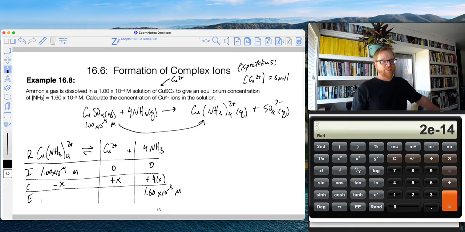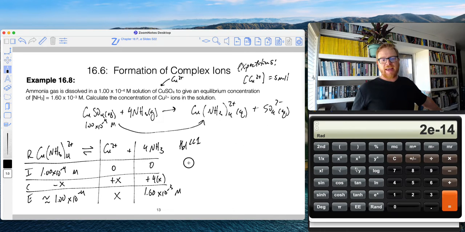So when I put this all together now, because I know here that my Kd is very, very small, we're going to be able to assume the value of x is also small, not only compared to the 1.6 times 10 minus 3, but compared to the 1.0 times 10 minus 4. So that means this becomes 1.0 times 10 minus 4. This is x, and this is 1.6 times 10 minus 3. So you can see now, this setup is going to be pretty straightforward.